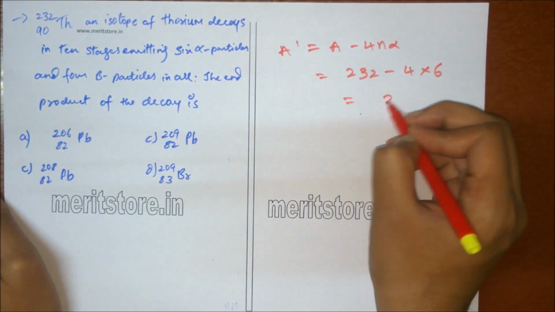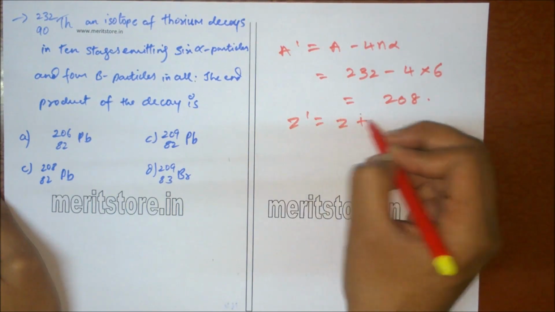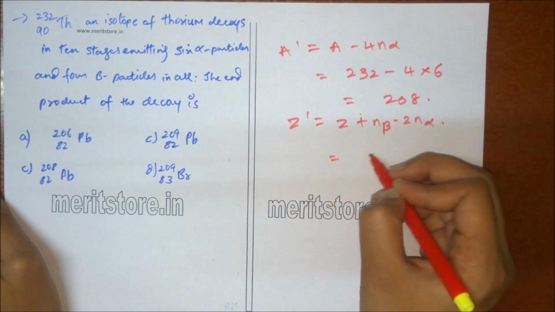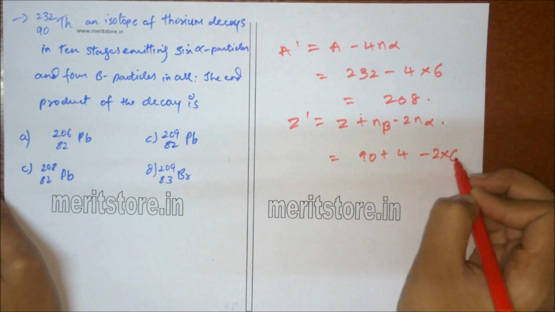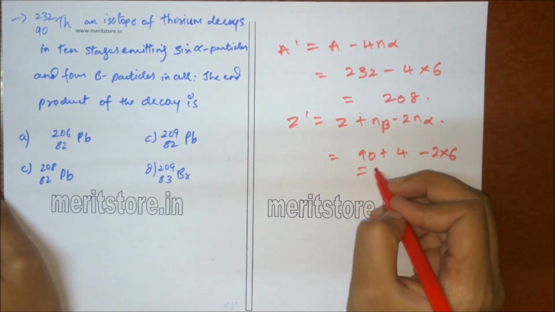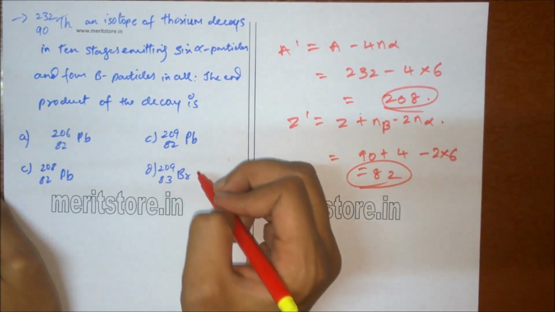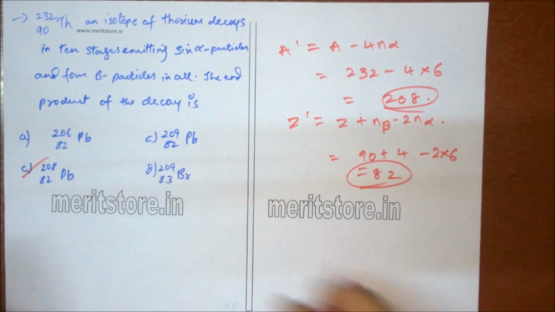So this comes out to be 208. And the atomic number Z dash is equal to Z plus n beta minus 2 n alpha, which is equal to 90 plus 4 minus 2 into 6. So this comes out to be 82. So option C will be the correct answer with 208 and 82.